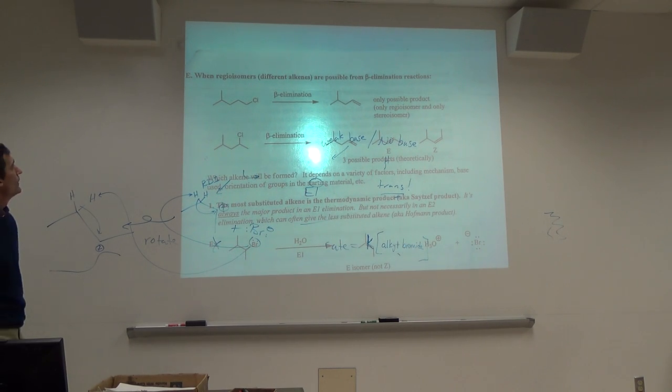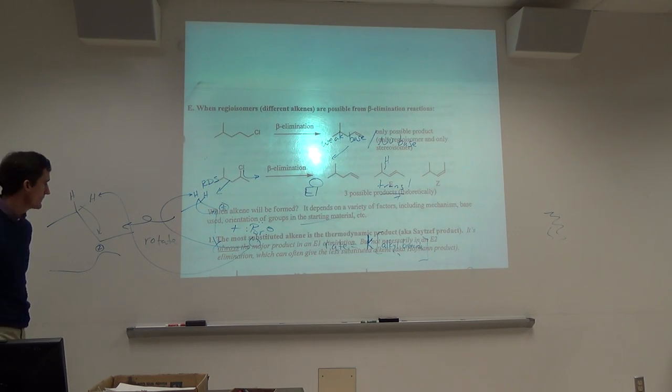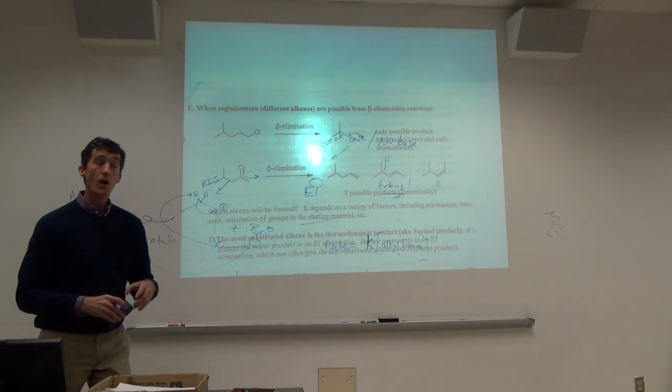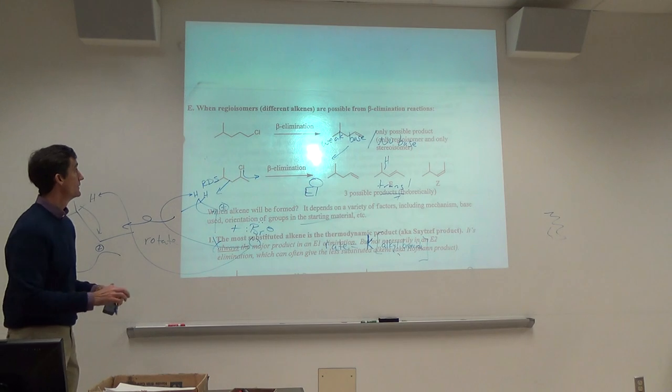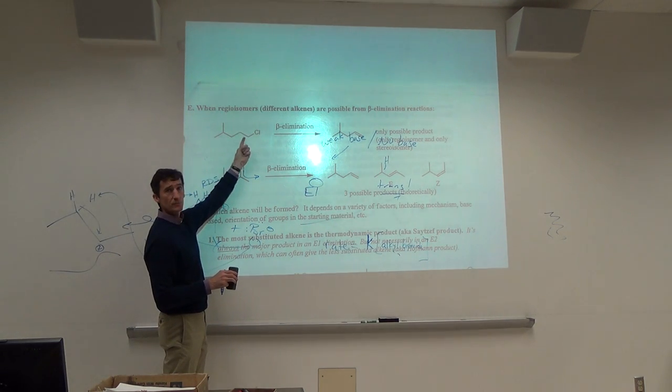Okay, when regioisomers are possible, the first thing we have to do is ask, are regioisomers possible? If we do a beta elimination here, there's only one possible product.